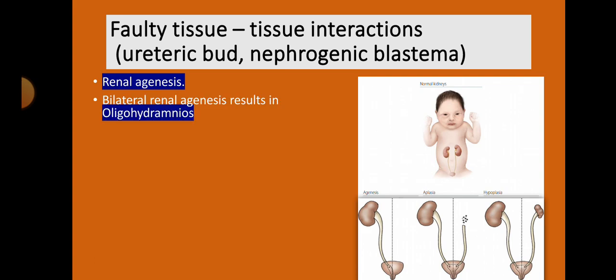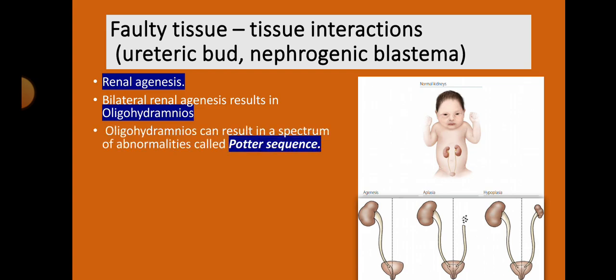Because of renal agenesis, there is less amniotic fluid. Why is there less amniotic fluid? Because renal agenesis causes a dysplastic kidney. There is reduced fetal urine excretion, which results in less amniotic fluid, which can result in a sequence of events called Potter's sequence. This baby will be stillborn or die after delivery.